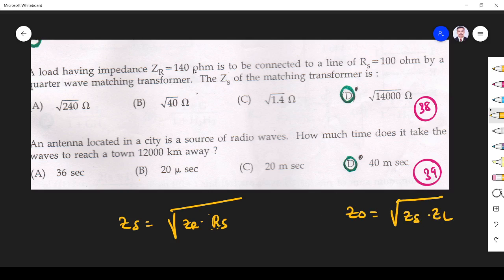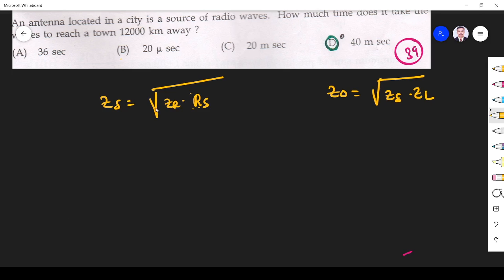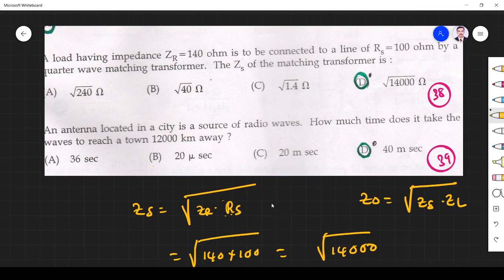Here, source impedance is 100 ohm, load impedance is 140 ohm. So what we have to do is it is equal to root of 140 into 100, that is root 14,000, right? So option B is the correct answer.